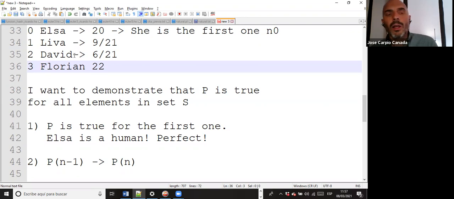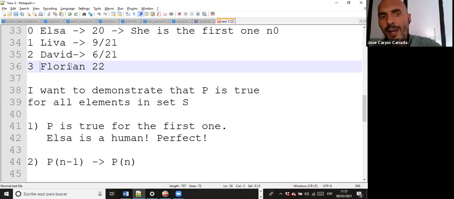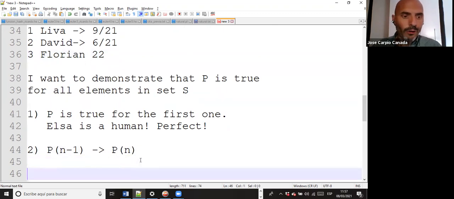Okay, so who is the n-1 of David in this little example? Leiva. Perfect. Who is n-1 for Florian? David. Okay, this is the idea. We have people or elements put in order, and we can say, who is n-1?